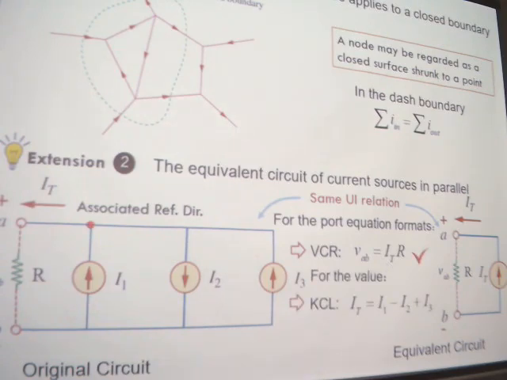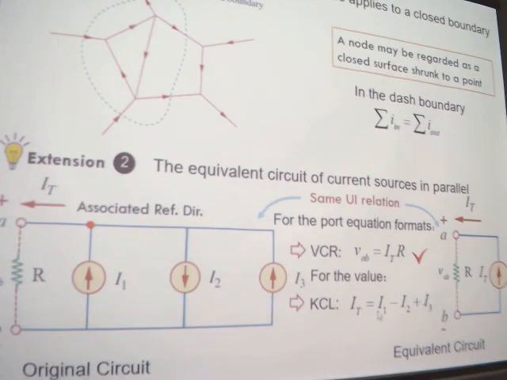And for the value, we can see for KCL law of this node, our current going inside is equal to the current going outside, and the sum of this node is equal to 0, right? So our IT should be I1 minus I2 plus I3.